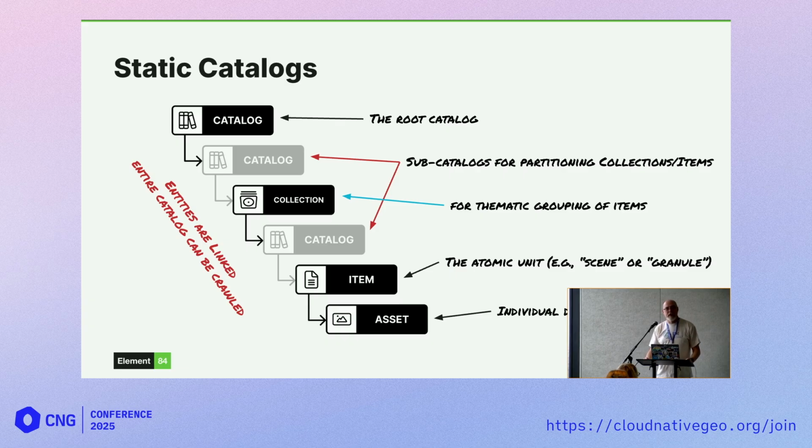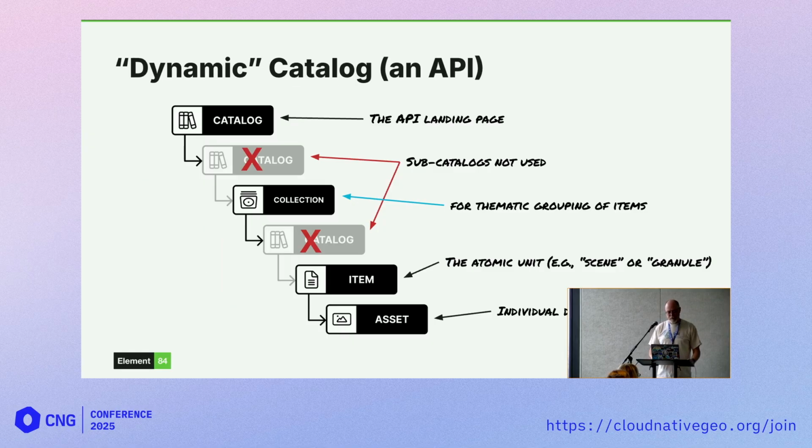We call that sometimes a scene or a granule, depending on what your background is. And then those have individual data files, which we call assets. But this is really the static catalog structure. Things are linked. You can crawl them. This is a really important feature of STAC, at least as it was originally envisioned, was the ability to crawl, because that's how the internet works, for being able to crawl and index information.